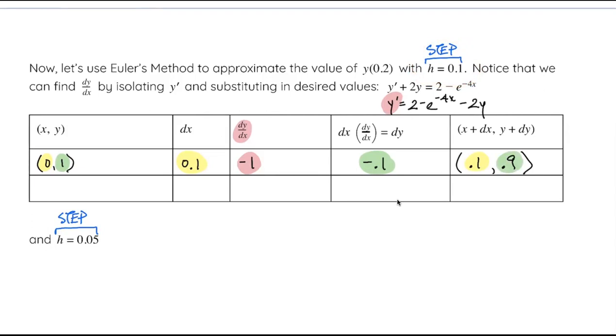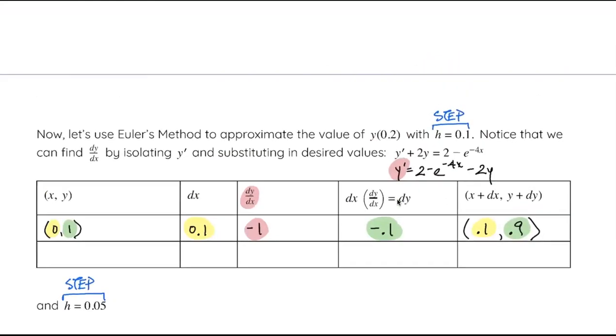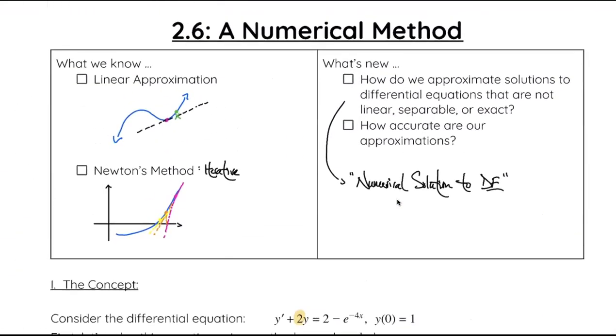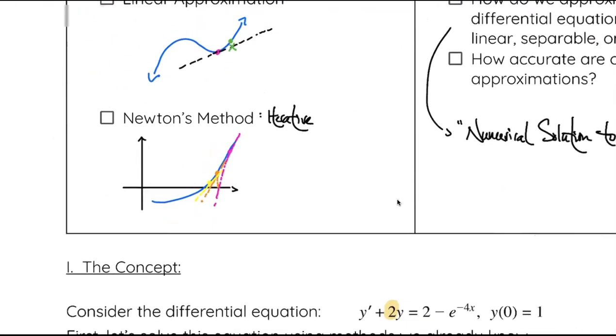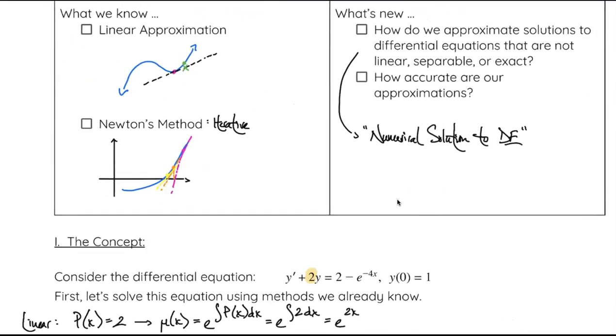And because Euler's method is iterative, kind of like Newton's method, if we go back up to the top, with Newton's method, we did one line and then another line and then another line, and we kept going until we got close enough. We're going to do Euler's method with iterations as well.